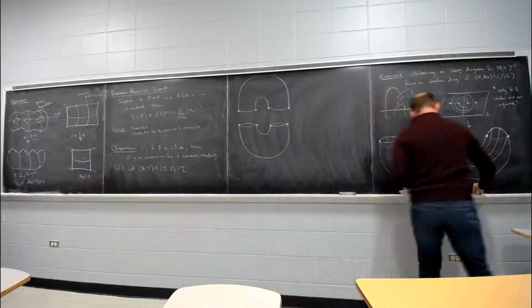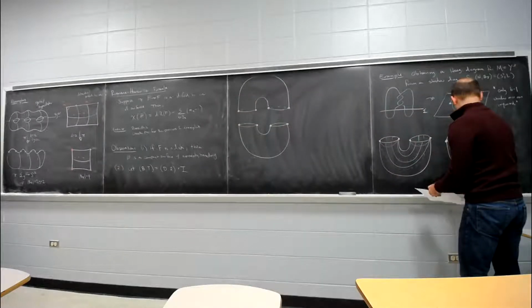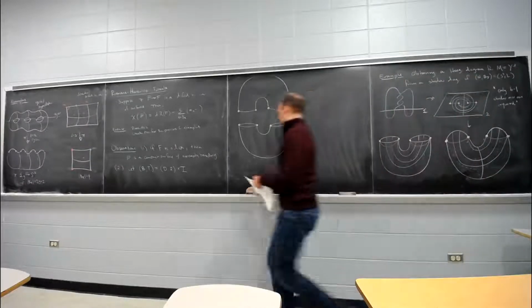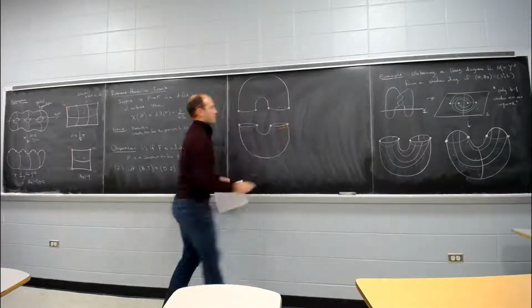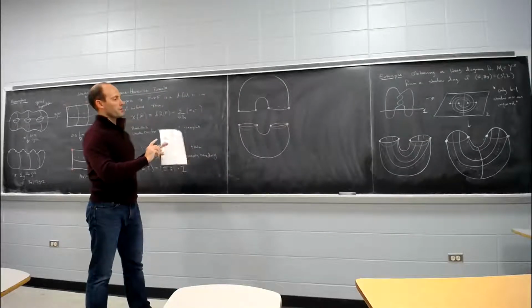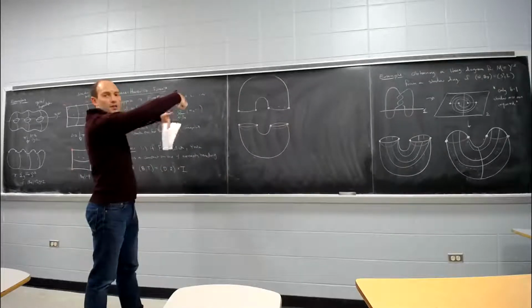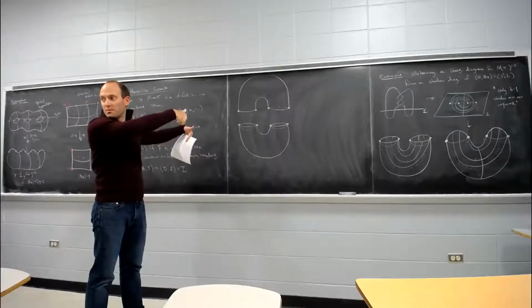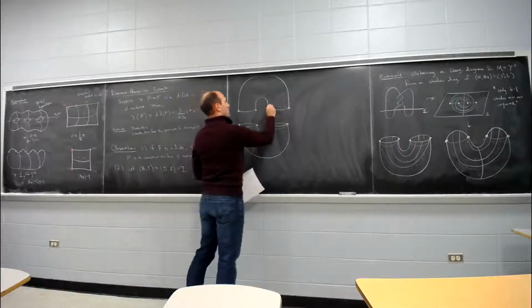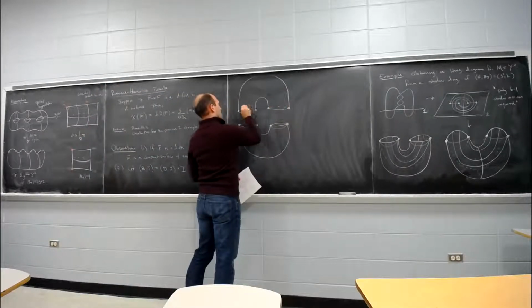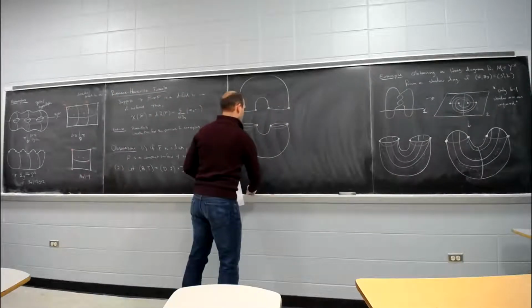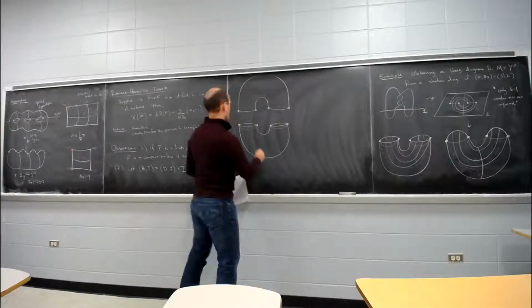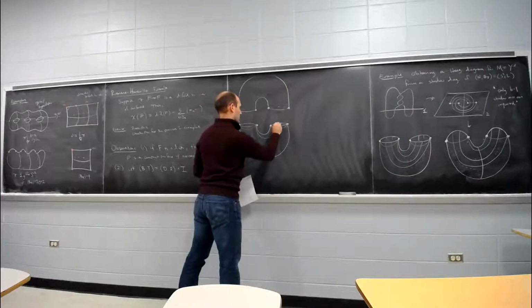So the bottom one I'm going to draw looking like the other one. And now for the top one, I want to think about what my action does. Well, my action interchanges these with a rotation. And so red arcs that are equivariant with respect to this action are on the back of the surface like that. And then what does blue look like? This.